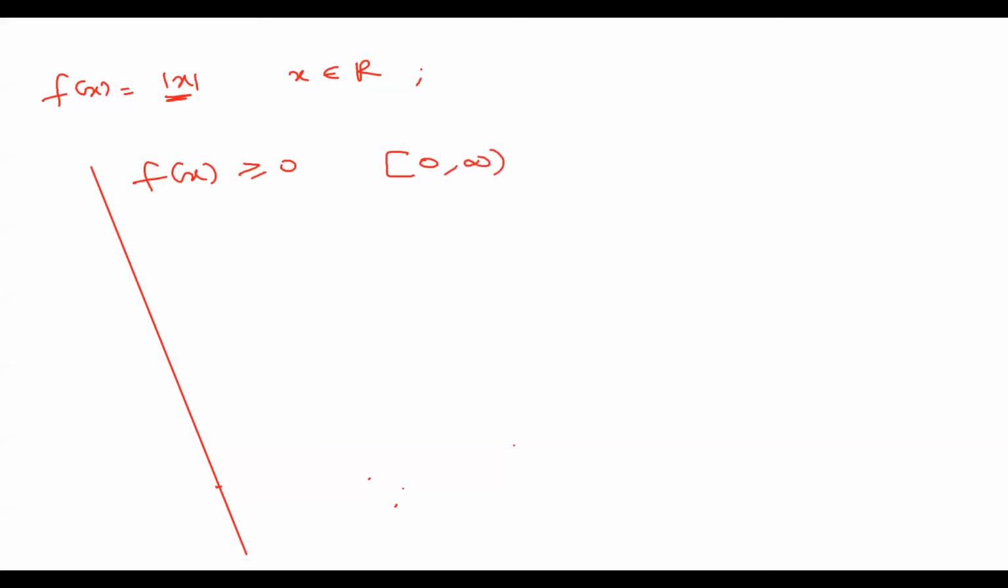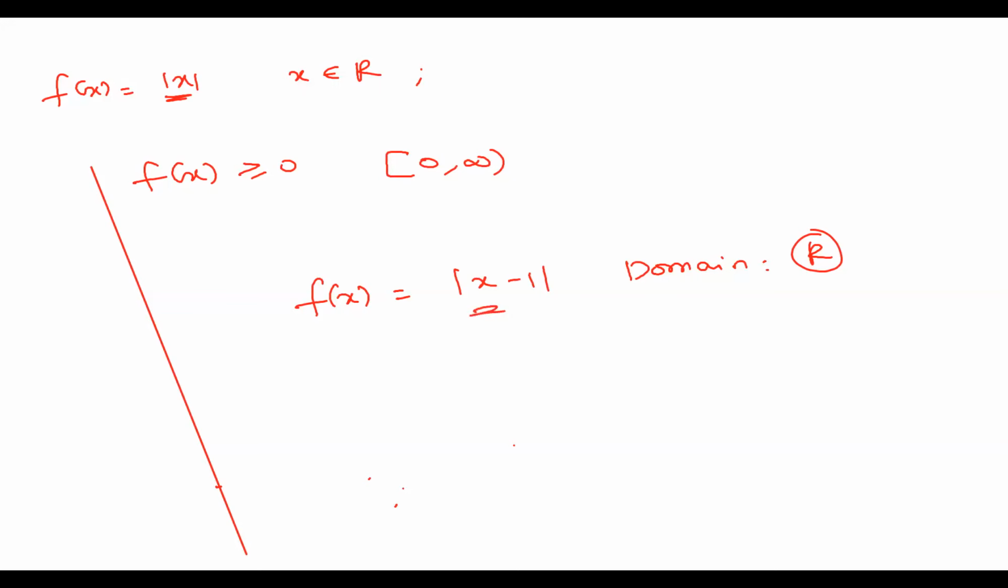Is this understood so far? Now suppose the question is f of x is equal to mod of x minus 1. The domain, without a shadow of doubt, is just real numbers. Inside the modulus anything can be there, except if it is a fraction or a rational function. If it is a polynomial function, the domain is R. Mostly inside the modulus they will not give you quadratics. At least for 11th standard, they will give you linear functions.